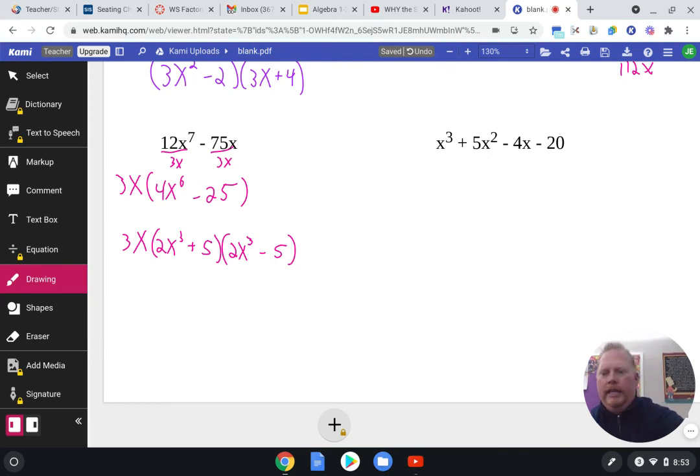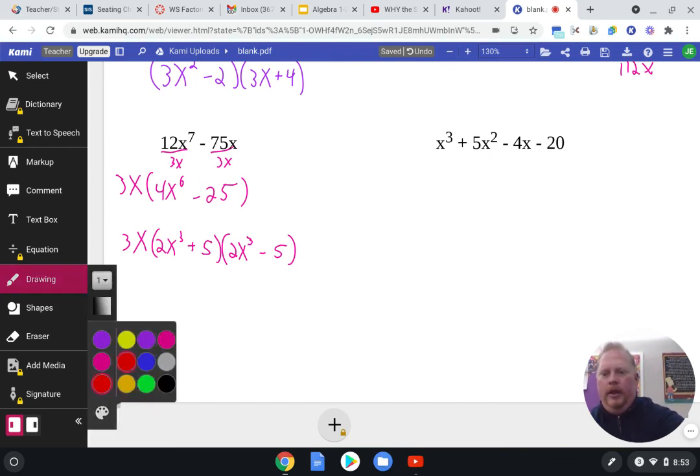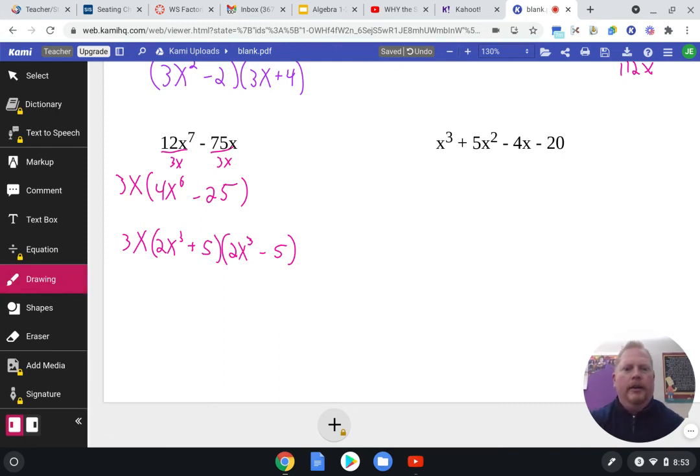All right, last example. And right away, I'm seeing this and I'm thinking, this is going to be factor by grouping. 4 terms, so that's a dead giveaway. So my first GCF is x squared. So x plus 5.